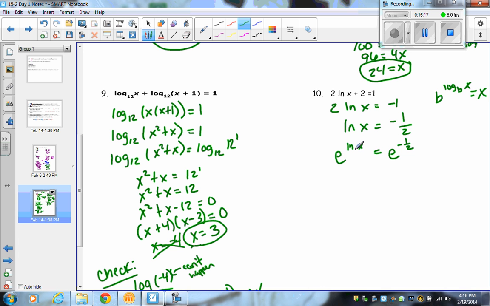So since this is really ln with a little e right here, so the base here and the base here are the same, this just leaves me with x. So in my calculator, I'm going to type e raised to the -1/2, and we get roughly 0.61.